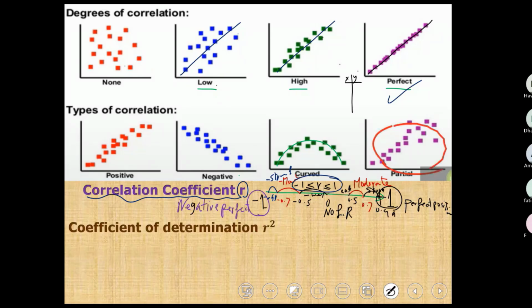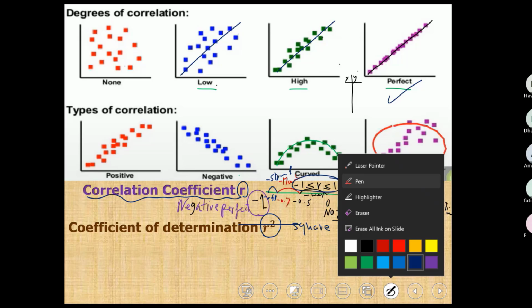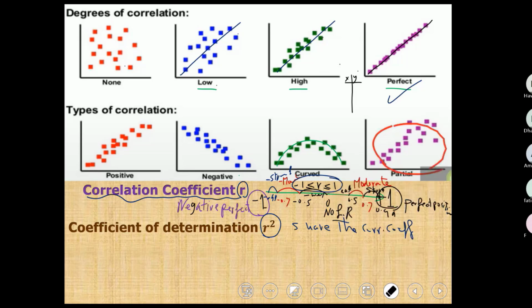Now, if you square the correlation coefficient, you will get something called the coefficient of determination. So the coefficient of determination is the square of the correlation coefficient R, right? It is always a decimal.